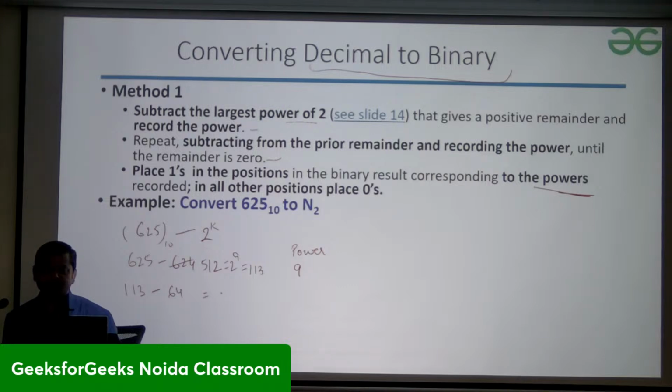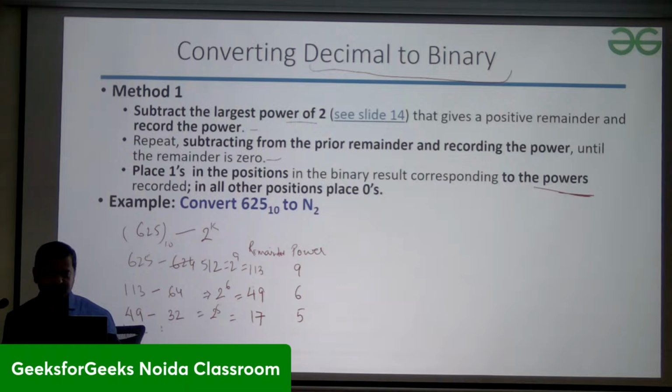That is 2 to the power 6. So power term is 6. Okay, remainder is 49. Now again repeat the process. 49 minus 2 to the power something, 32. That is 2 to the power 5. Remainder is 17. Position is 5 here.